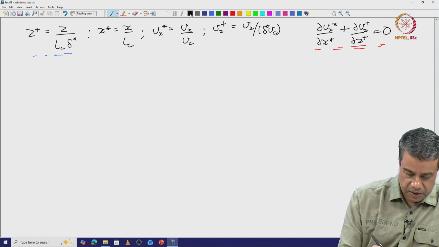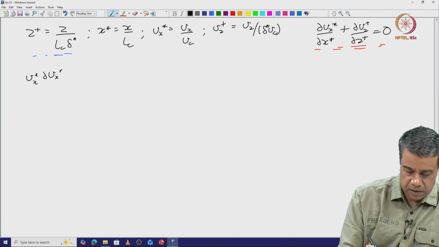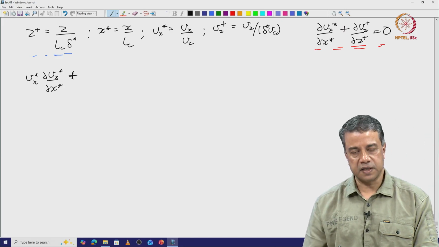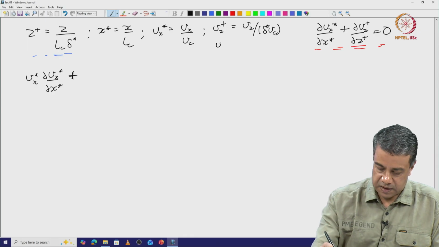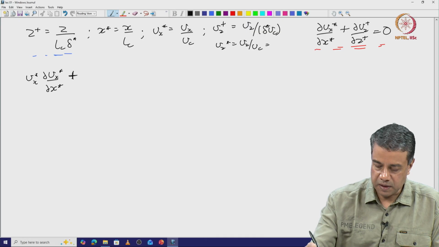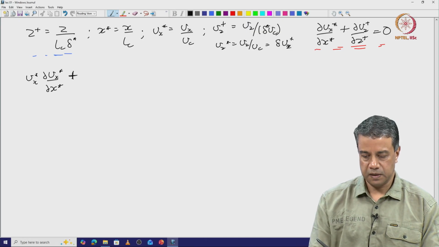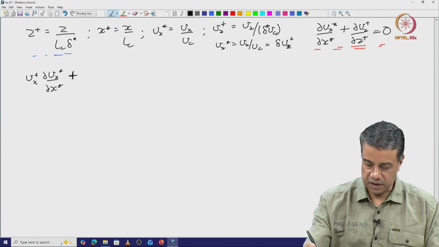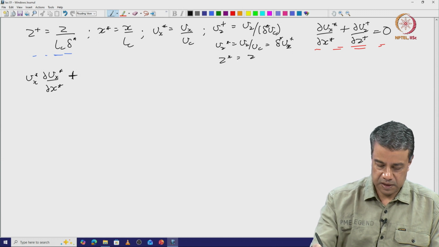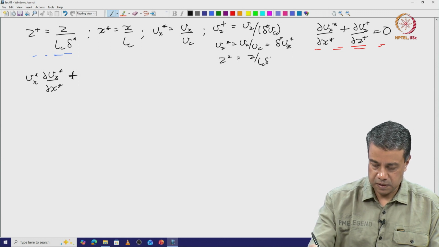So, I get Vx star partial Vx by partial x plus Vz star. Vz star, which is equal to Vz by Vc, will be equal to delta times Vz plus, where Vz plus is the scaled velocity, and z star is equal to z by Lc delta.